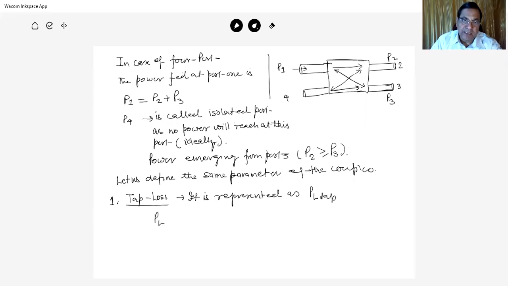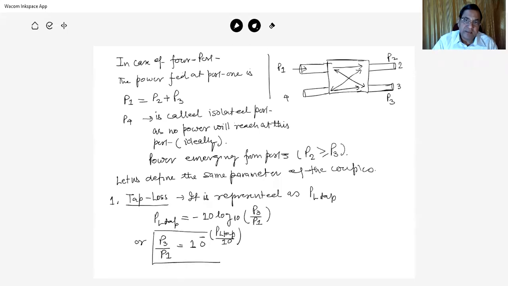So PL tap is nothing but minus 10 log base 10 P3 upon P1, or P3 upon P1 is equal to 10 to the power minus PL tap by 10.